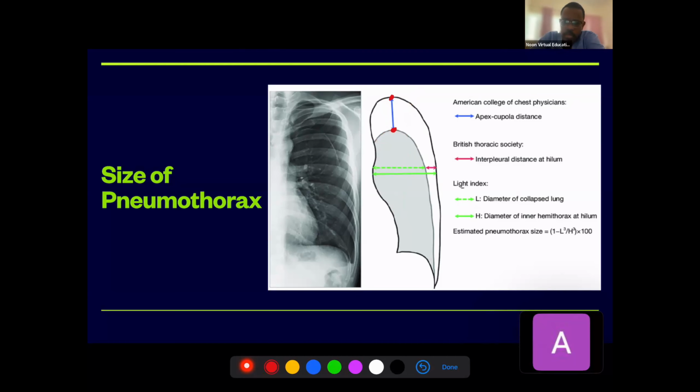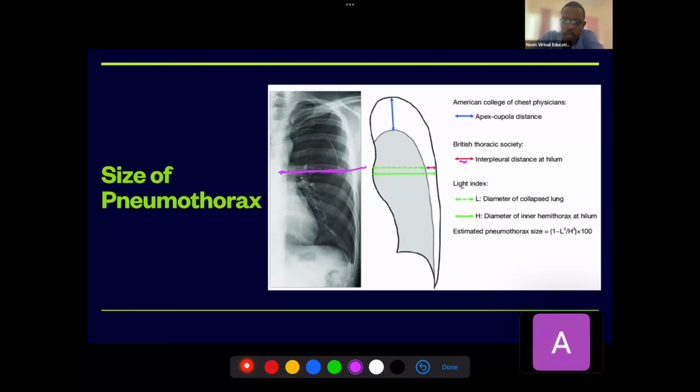The second one is the British Thoracic Society maneuver. The British Thoracic Society maneuver is measuring from this point, this pink line. This is the margin, the interpleural distance, but crossing the hilum, you need to be against the hilum, just to measure.